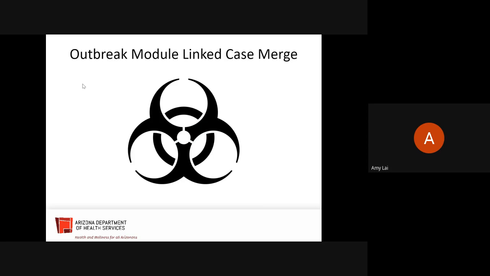However, if the duplicate cases are associated with different outbreaks, they won't show up as eligible merges. So the duplicate cases need to be either under the same outbreak, or you have to unlink the outbreak, merge them, and then link the merged case back to the correct outbreak.